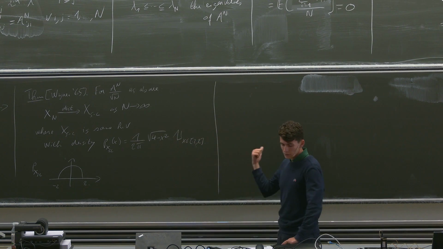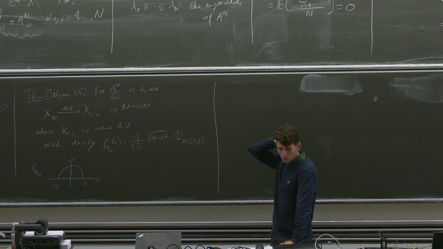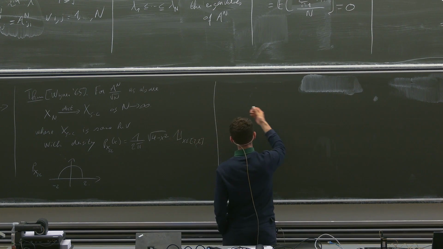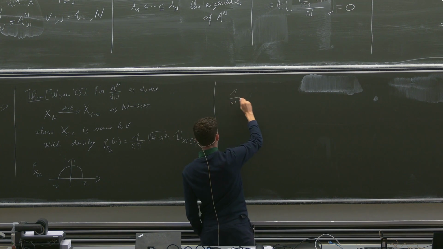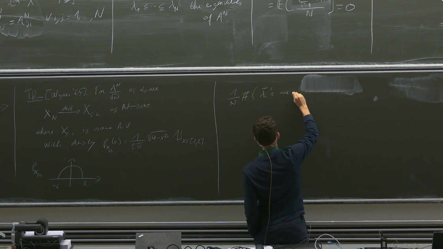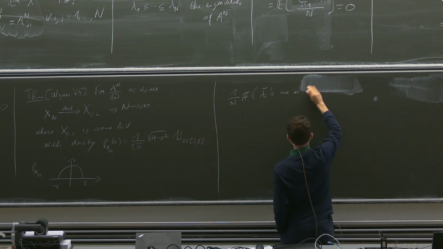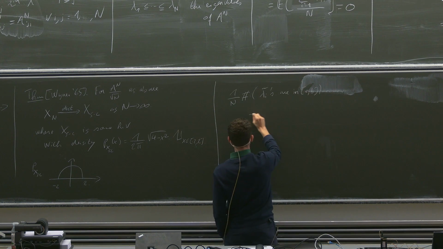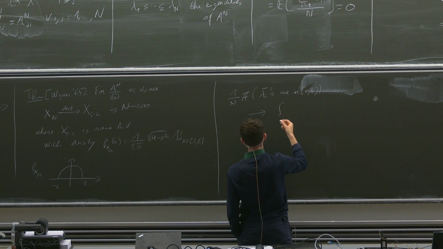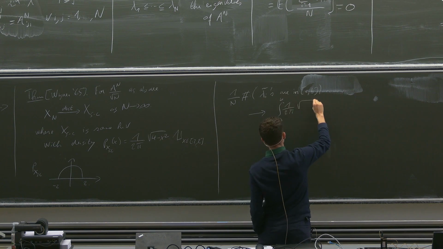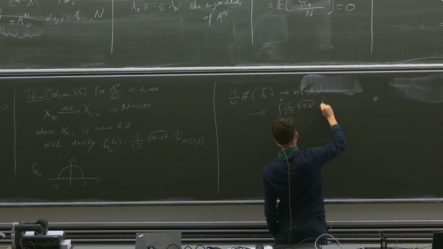So in the simulation I did, basically what I said is that the ratio, I mean 1/n times the number of λ_i tilde which are in some interval [a, b], will converge to the integral from a to b of the density 1/(2π) √(4 − x²) dx.